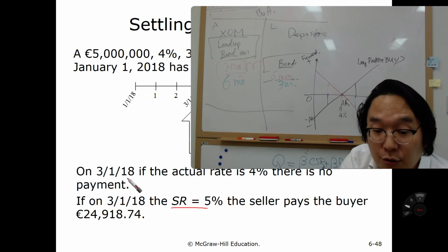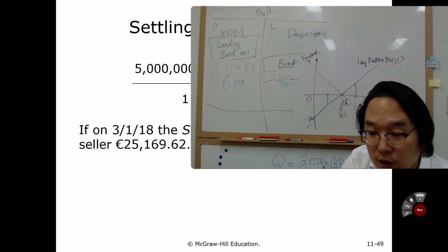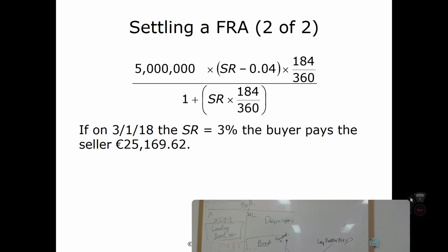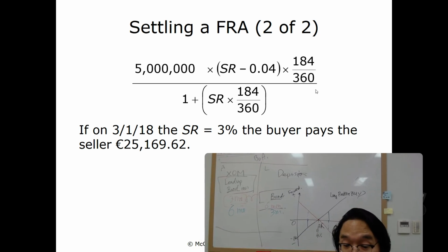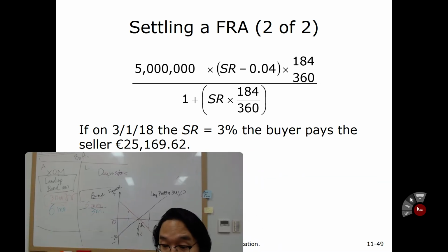How do you calculate this? Well, on the next page, it is calculated following the formula. It's just the absolute value because the SR is bigger than AR. The settlement rate is 5%.